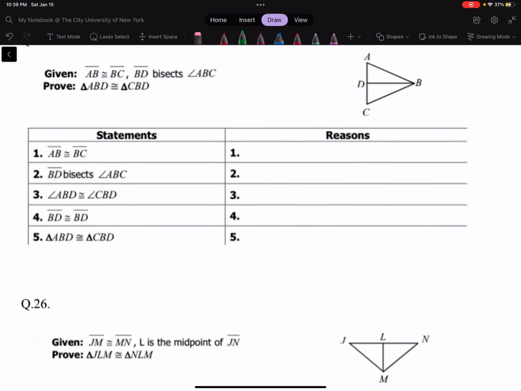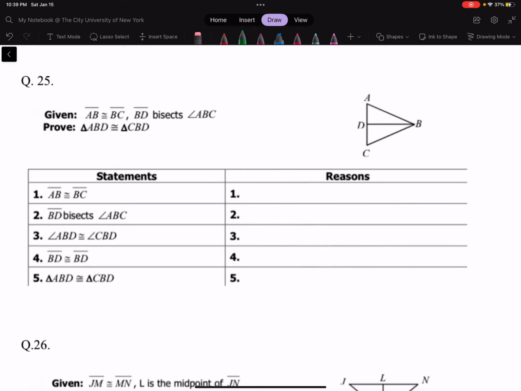Okay, then the last two are proofs. One is where you are given the statements, and another one is where you are not given anything. Okay, so let's see what you can do about this. All right.